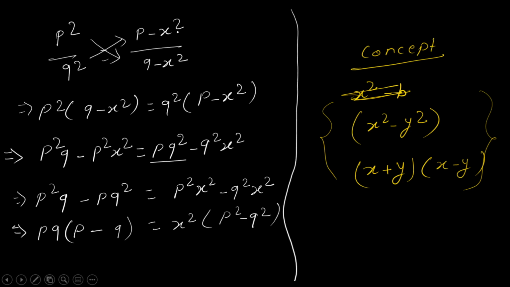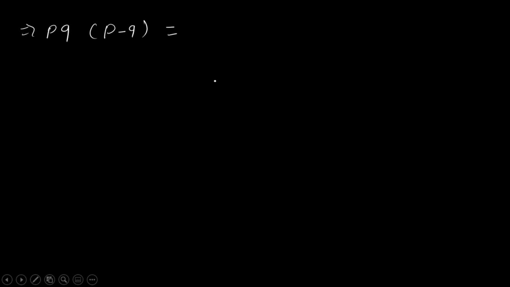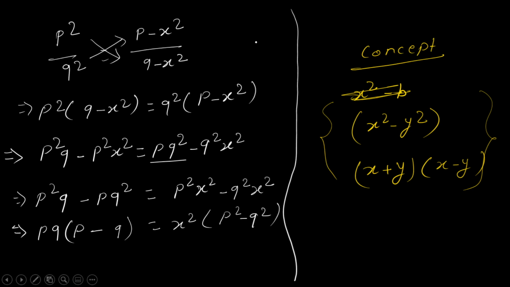So PQ P minus Q equal to x square P square minus Q square. Here you have x square P square minus Q square. P square x square.